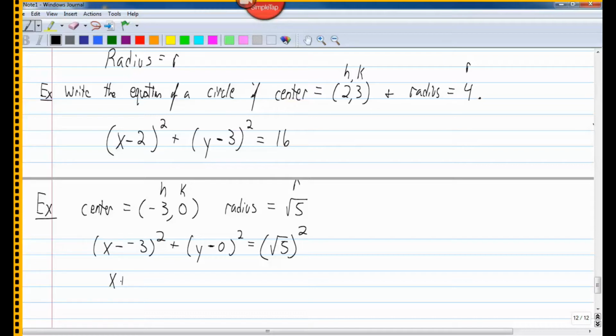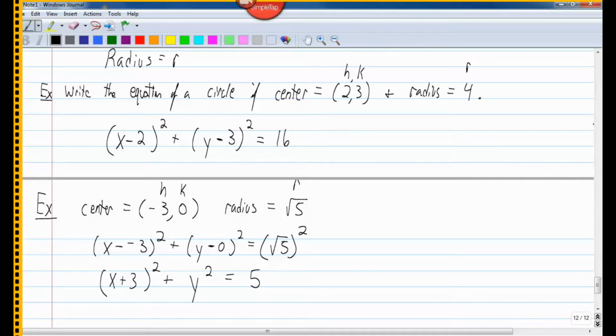That's going to be x plus 3 squared. y minus 0 is y. So that's just y squared equals the square root of 5 times the square root of 5, which is 5.